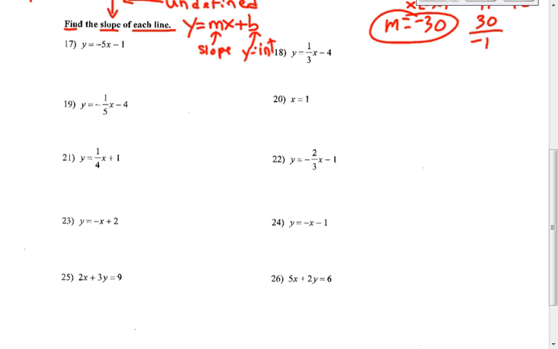So each time, since it just wants you to list the slope, we're going to list the number that is before the x. Remember, it has to be in y equals mx plus b format. So the number before the x in this one is negative 5, so that's the slope. I'm just going to do the y-intercept as well. It's the other number, so that's negative 1.